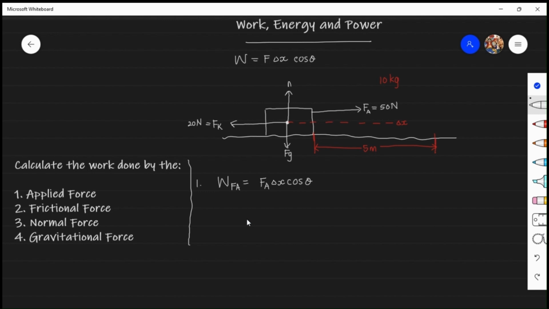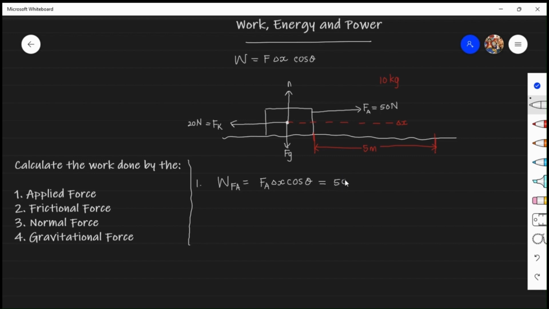So, we are only going to substitute the magnitude of our force. We are not going to substitute the positive sign or the negative sign. We are only going to substitute the magnitude. The value of our applied force is 50 newtons.